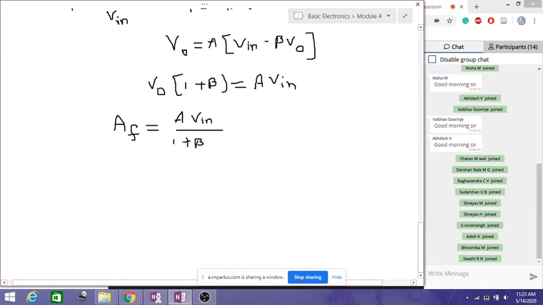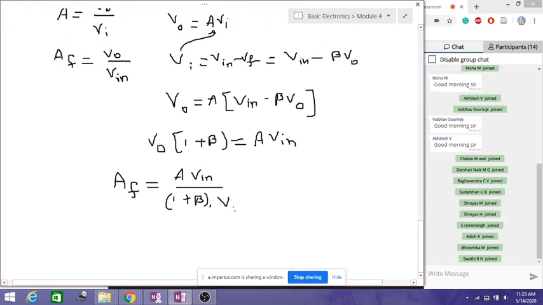So what happens here, V in gets cancelled. What did I do? I just substituted for V naught. So V naught is equal to A into V in by 1 plus beta, so V in gets cancelled.